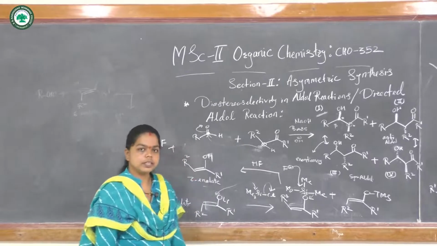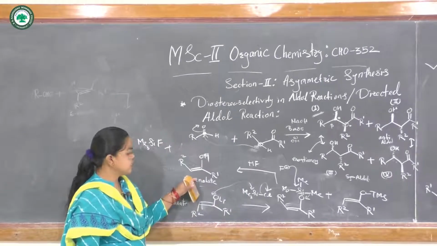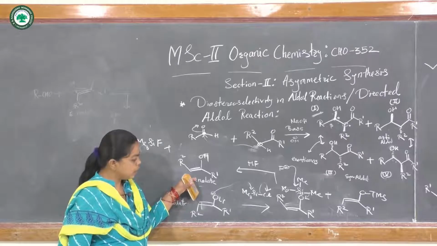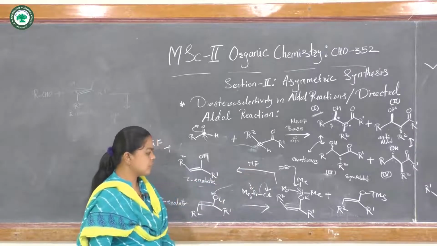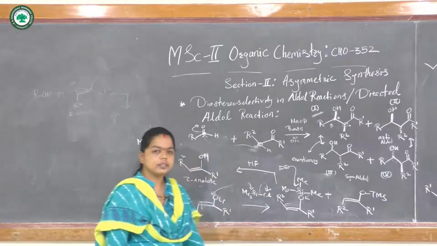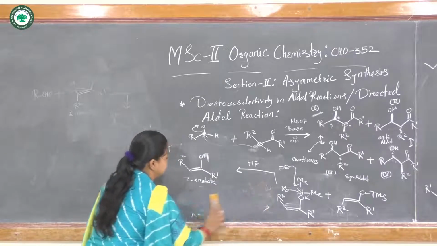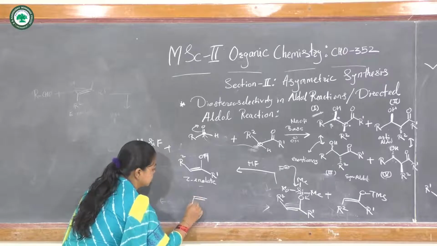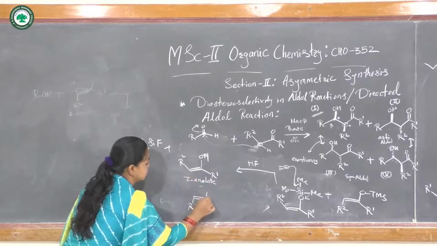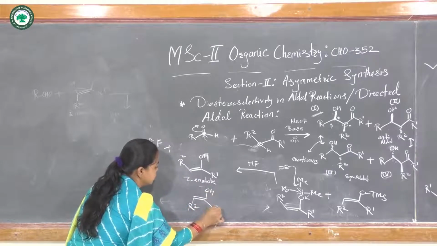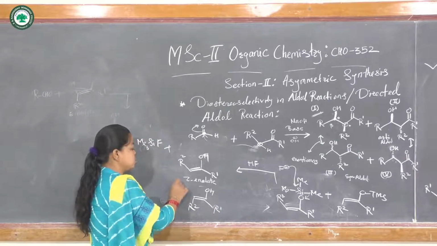In this way we get the corresponding Z enolate separately, and again if we treat the E enolate with fluoride ions, we get the E enolate separately. So we are getting these two enolates.